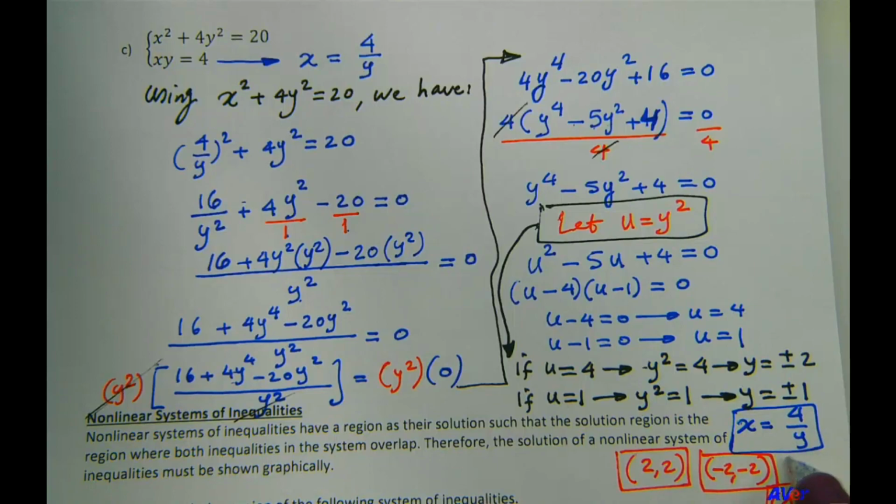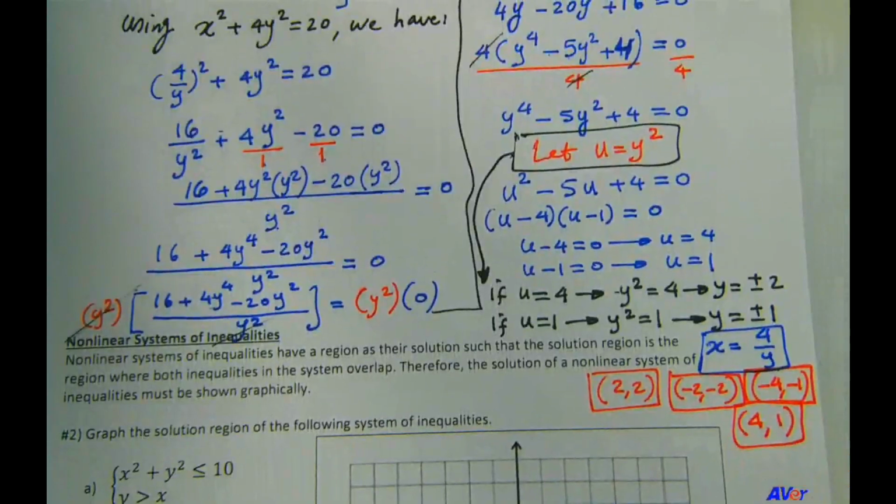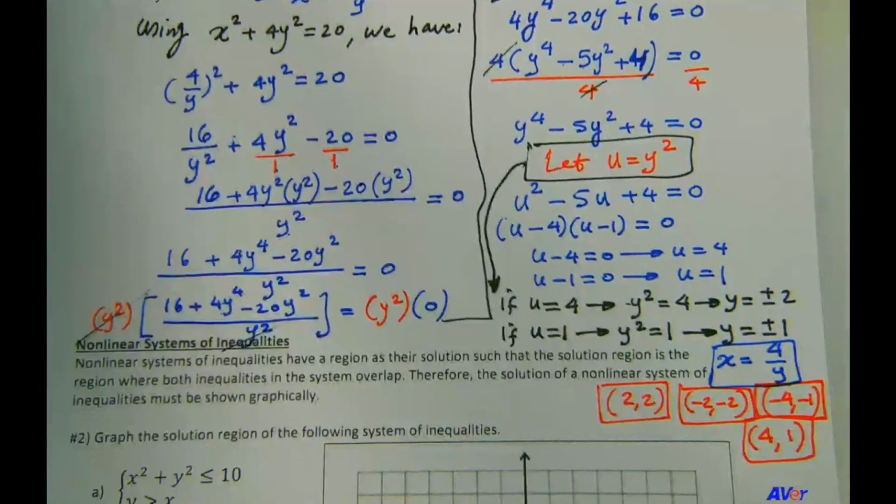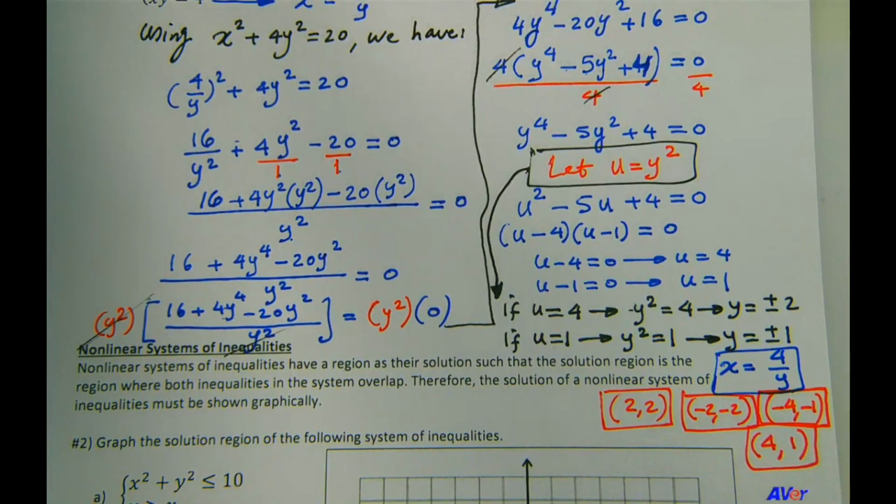And of course, when y equals negative 1, then x equals minus 4. So minus 4 comma minus 1 is another solution. Oops, I was off the screen there for a second. So those 4 solutions belong to that system we started with, which means those 2 lines or curves intersect each other at these 4 points.